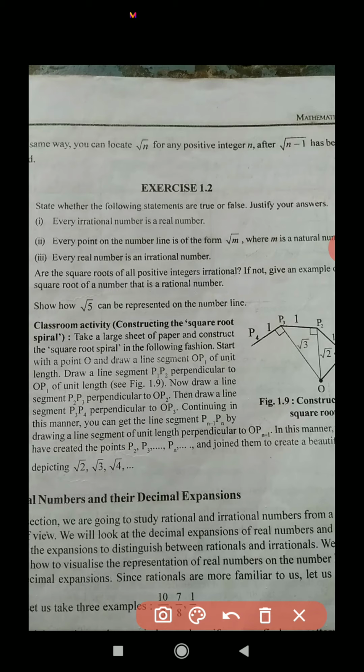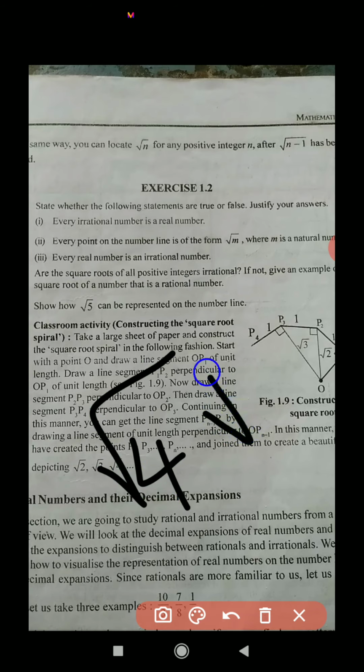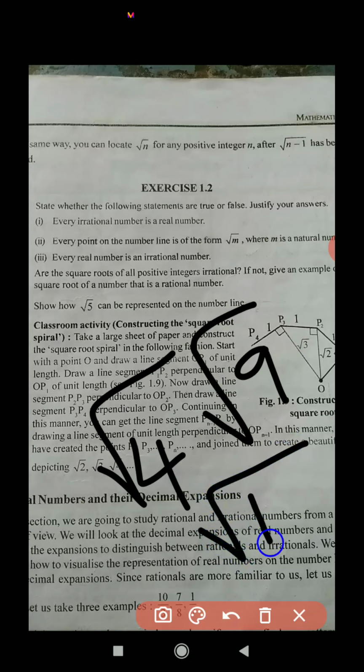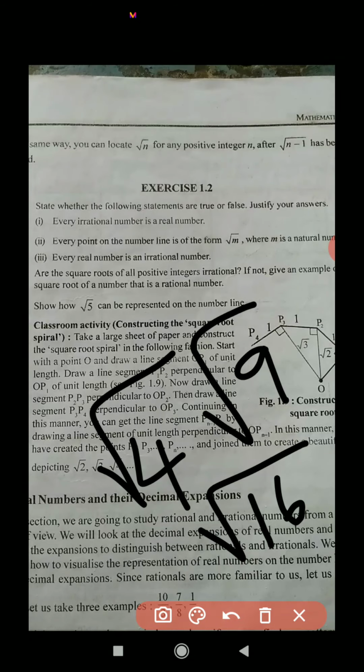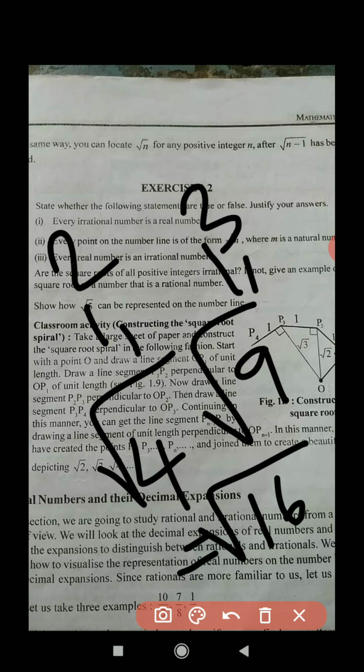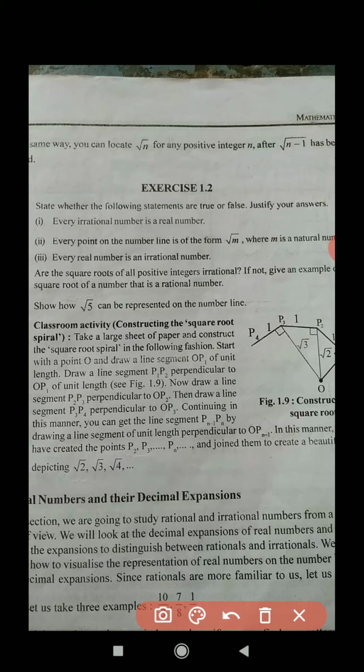They have asked for examples: root 4, root 9, root 16. These are examples where it contains a square root, yet we are not going to call it an irrational number because it is a rational number after the simplification. Got it clear? Okay, so let us go to the next one now.